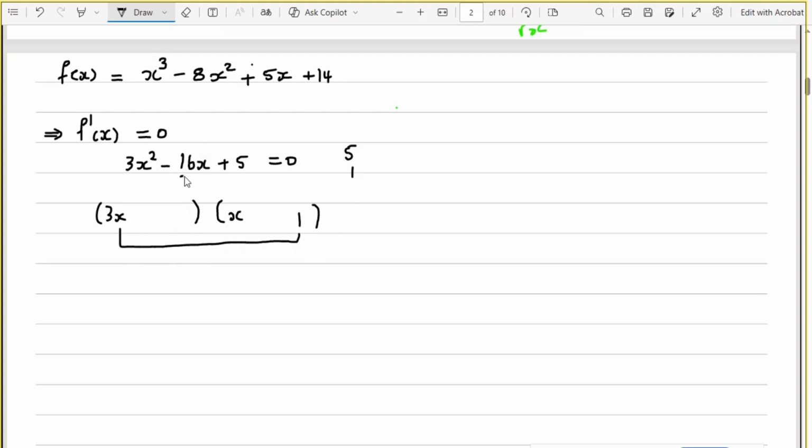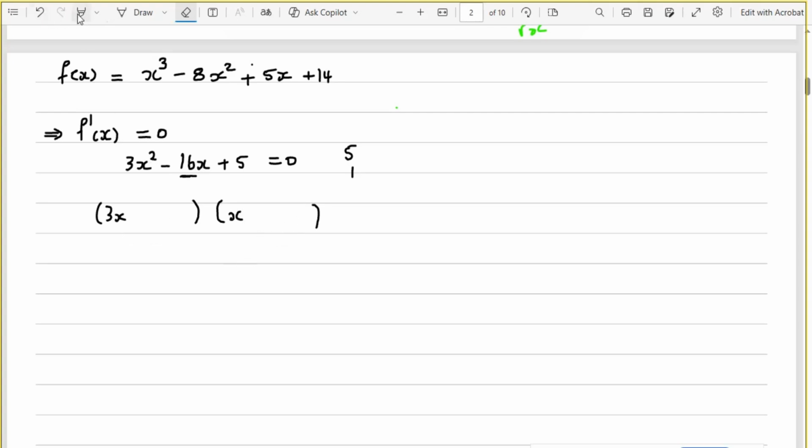Is 3x close to 16? It's very far. But look at this. Then I put 5. What is 3 times 5? That's 15x. Is 15 close to 16? Yes. Then the 5 should be on that side, 1 should be this side. Then we need this 15 to be negative and also that one to be negative because this is plus 5.